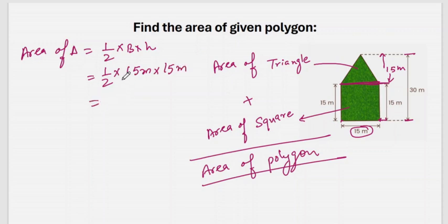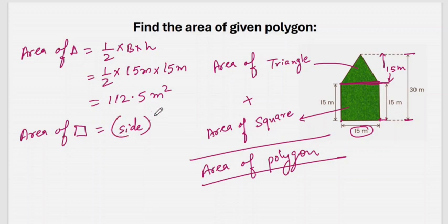So you got 15 into 15, 225 meter square divided by 2, you will get 112.5 meter square as your area of triangle. Now, what is the area of square? So area of square is nothing but side into side, or you can say side square. So you got 15 square, that is 225 meter square.